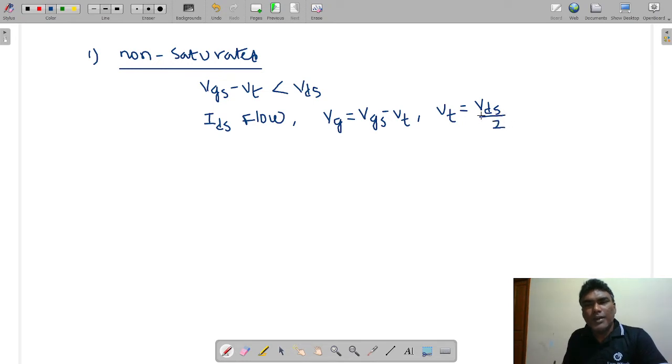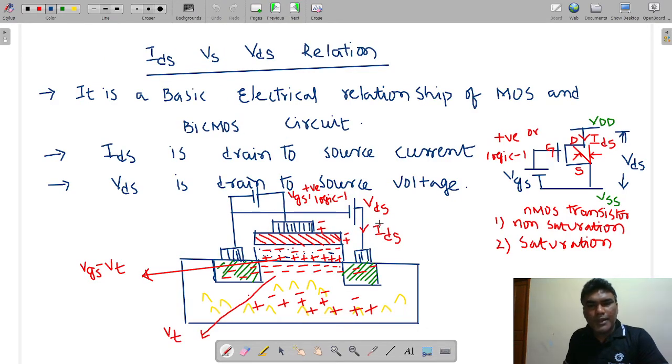This is the condition, and we can say the current IDS flowing between drain and source is because of the charge induced. The charge is induced because of the gate to channel electric field, with an insulation medium and an air gap between source and drain.